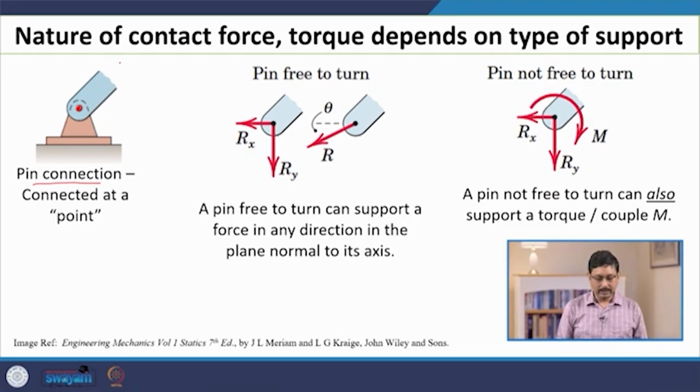In this case the joint cannot support any torque, because if you apply even a small amount of torque on the beam, the beam will rotate. So, this type of joint, a pin joint, will not support any torque, but there will be some force, and this force in general can be in any direction.